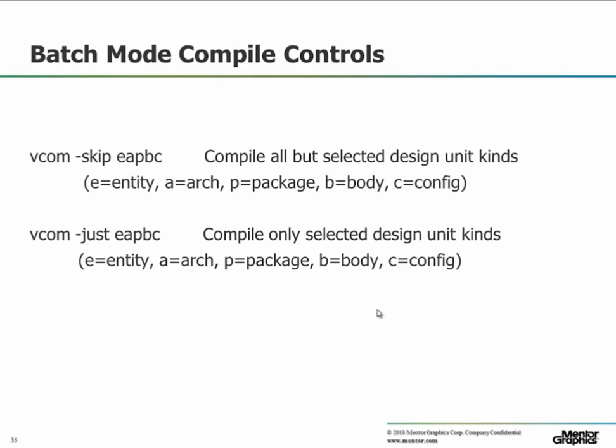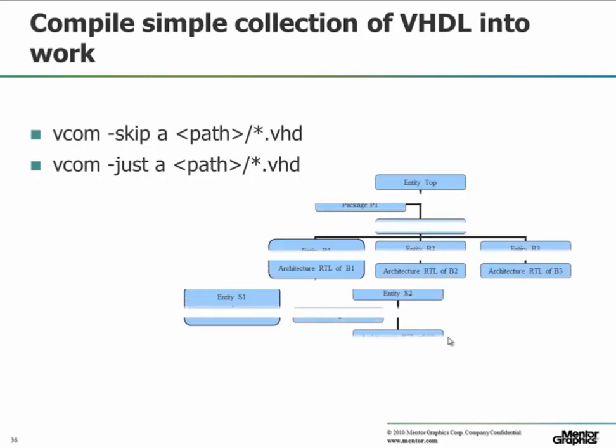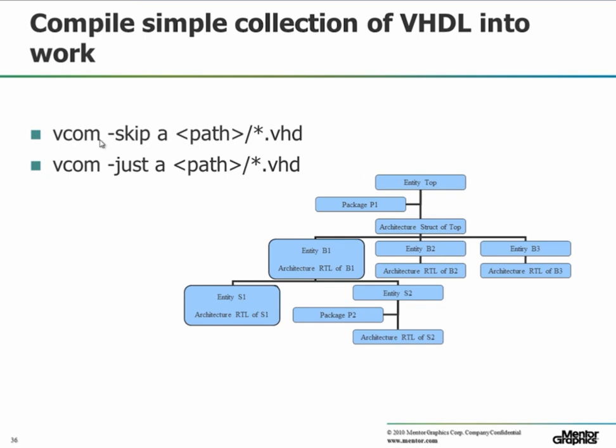About 75% of the time, when somebody hands me a directory full of VHDL files and says, I can't get this simulation running, rather than look through there and try to figure out the right order, I can just say vcom, skip all the architectures, and compile the code.